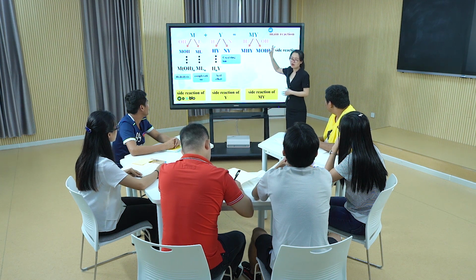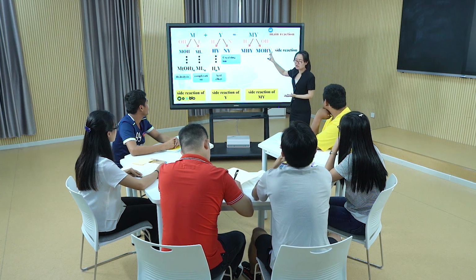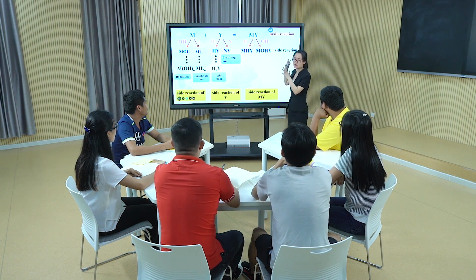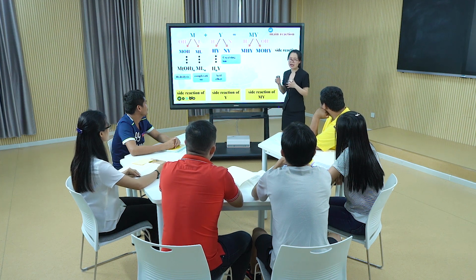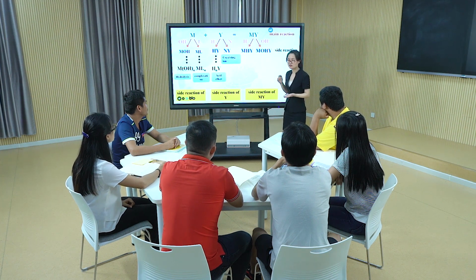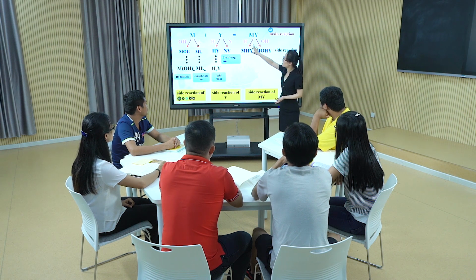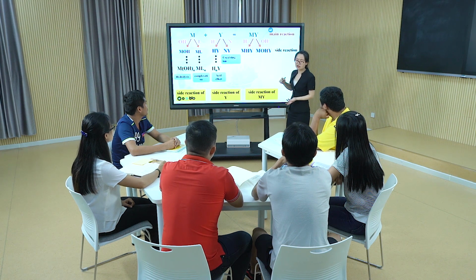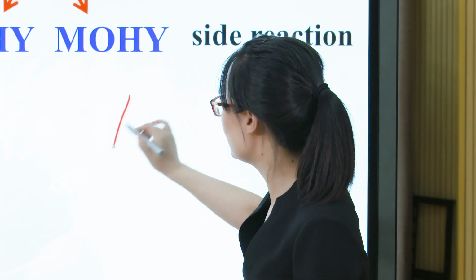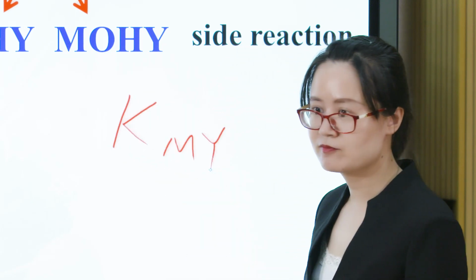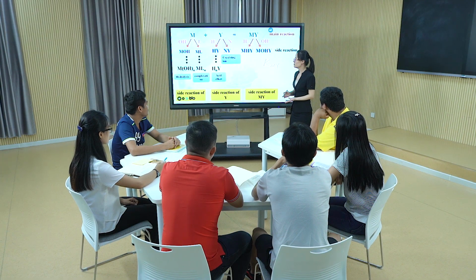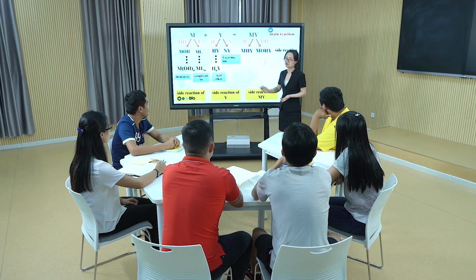We have a reaction equation, right? And for each reaction equation, we will have a reaction constant. So for M plus Y equals MY, we have this K_MY, right? But in different conditions, we have different side reactions.